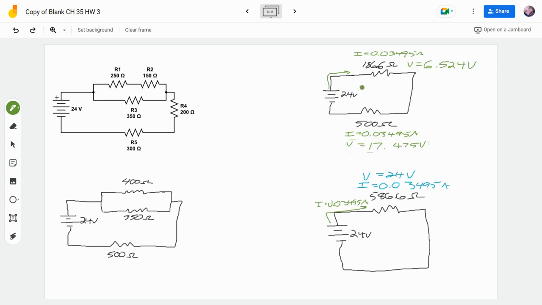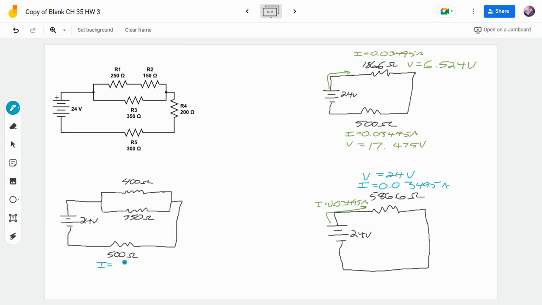All right, so we got that. Now let's back it up and go to the one prior to this. What do we know here? Well, this 500 ohm resistor is still the same thing, so I do already know what I is here.